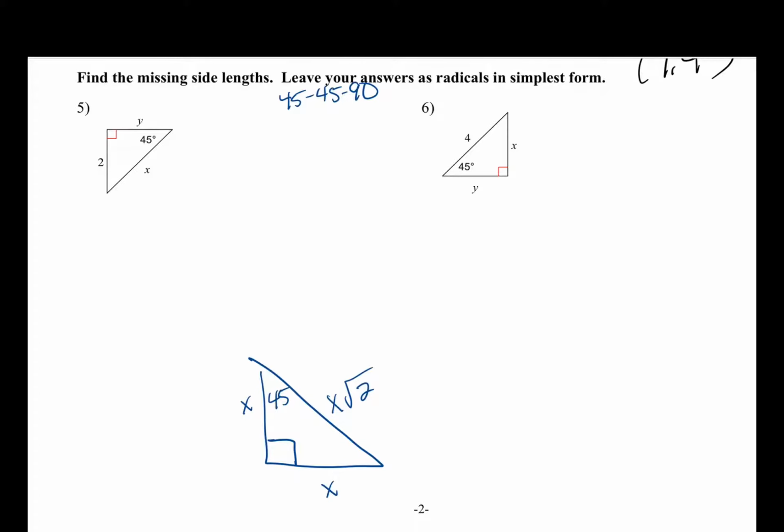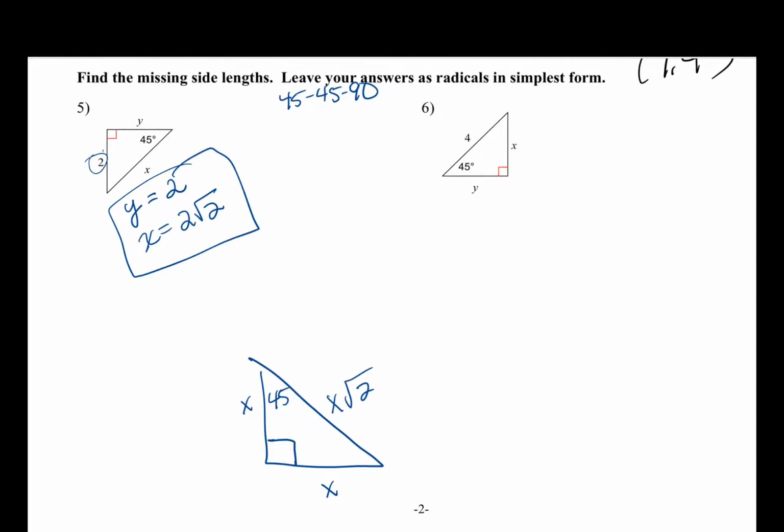The first option is you're given a leg, which number 5 is. Since the legs have to be congruent, y also has to be 2. Once you have the other leg, you want to multiply the leg by root 2 to give you the hypotenuse. So in this case, this is our answer. The leg is the same. The hypotenuse is the leg times the square root of 2.